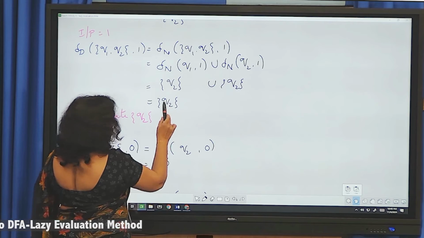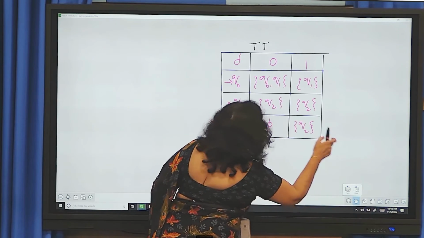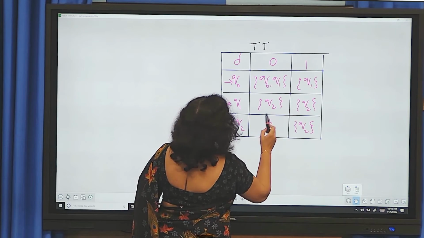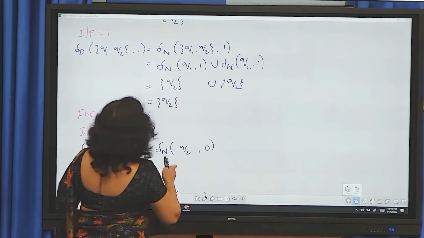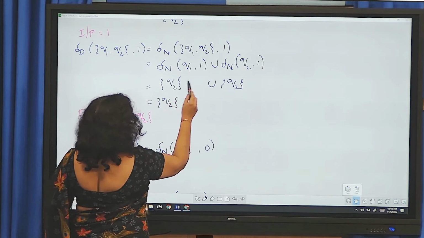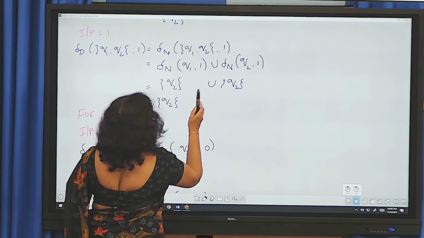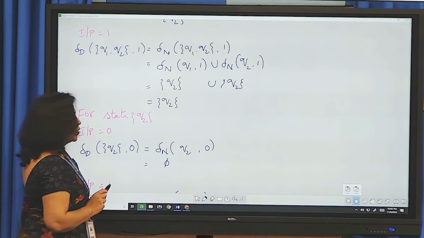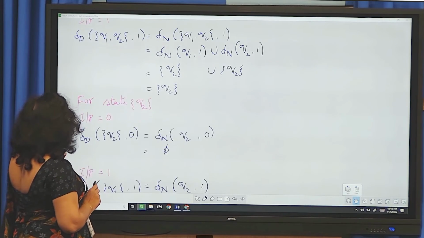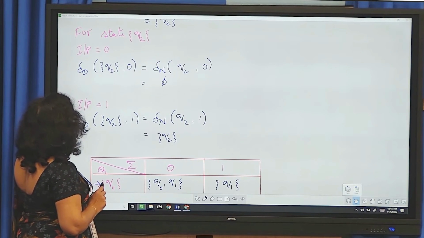Q1 on 1, from the table, is Q2, Q2 on 1 would be Q2. Q2 union Q2 is Q2.